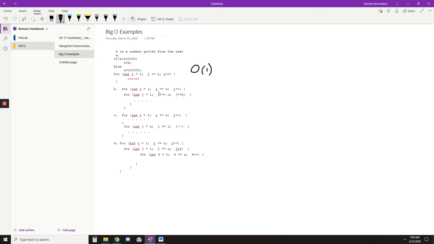The second example right here, the first loop, so this is a double loop. So it's a nested loop. The first one is running n number of times, but the second one is doubling as it's going to n.